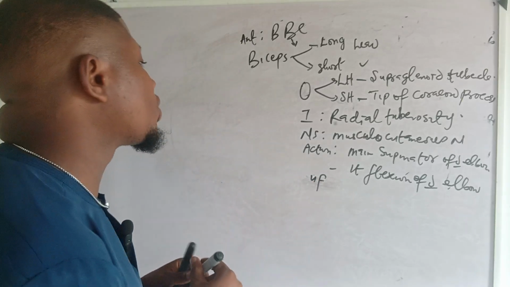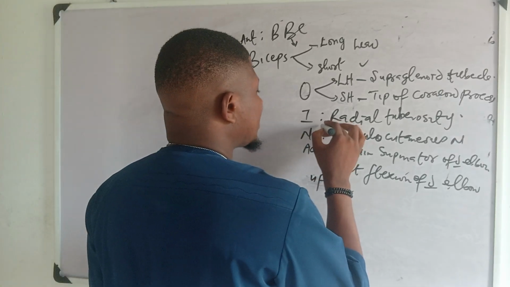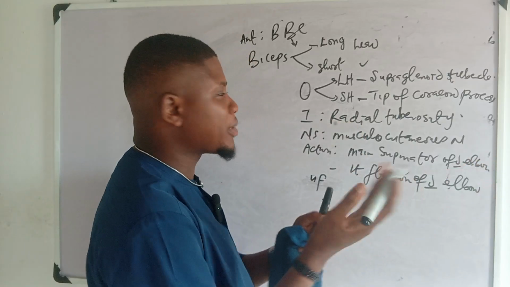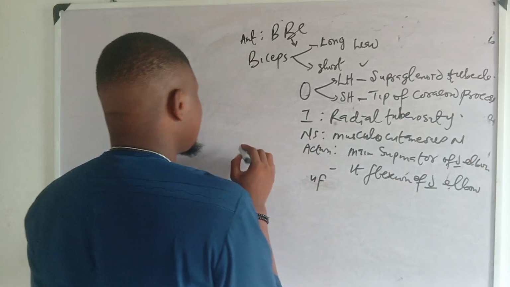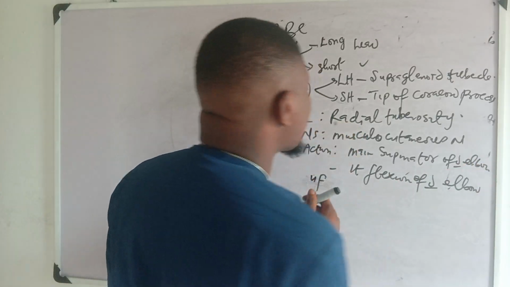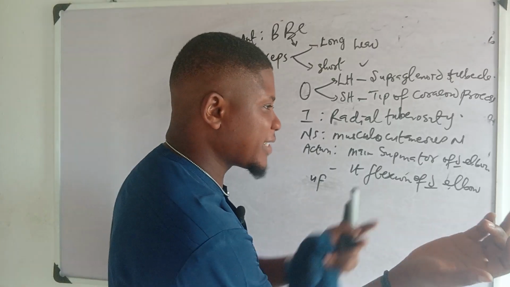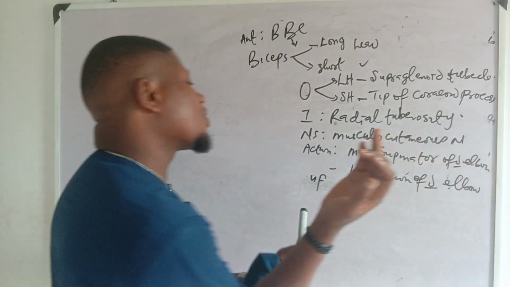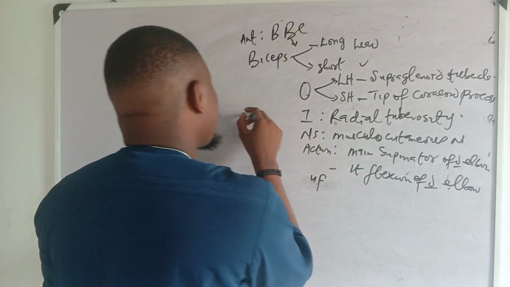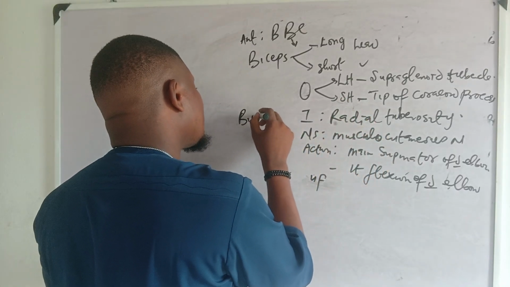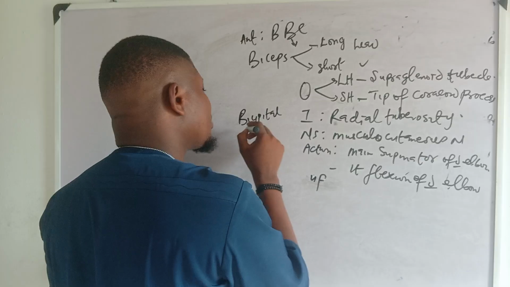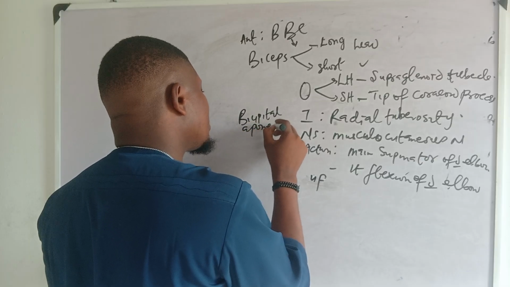Please, in this insertion, you see that the medial aspect of the biceps tendon flattens to form the bicipital aponeurosis. I forgot this in the insertion.